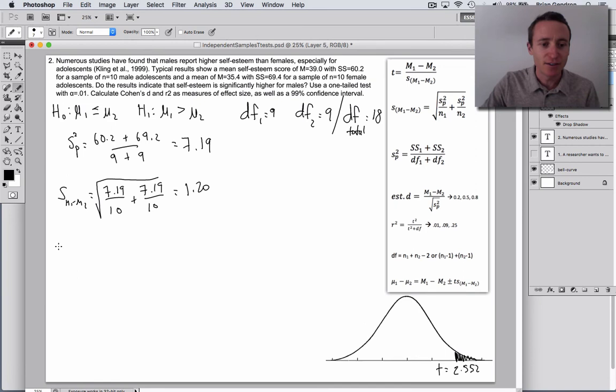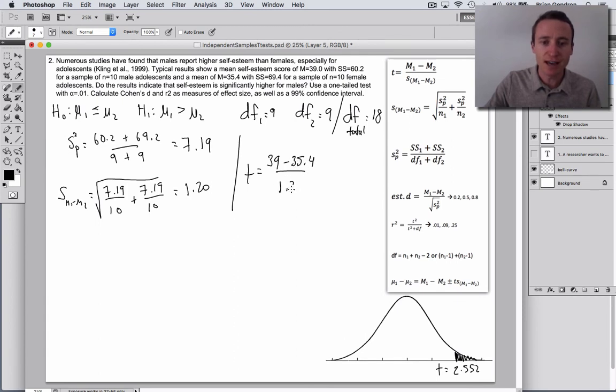Anyway, the last step here is the calculated value of t. So I'm just going to separate this. Our t test statistic is as follows. The males reported an average value of 39. The females reported an average value of 35.4.